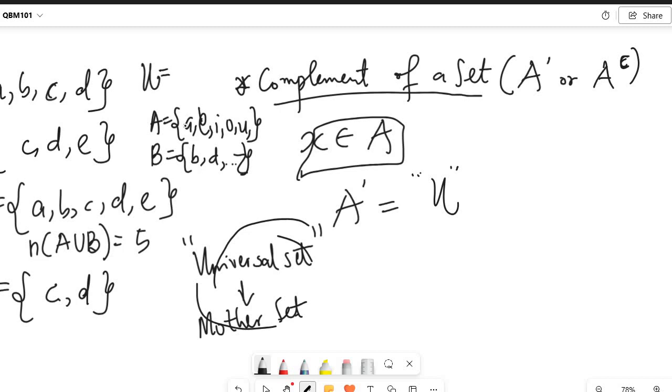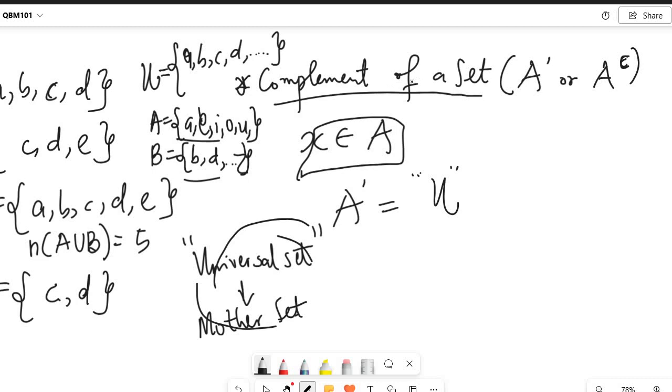If I'm saying alphabets, and I mentioned vowel and consonant, you agree with me that the coming together of the two, or looking at it holistically, will leave my mother set being the English alphabet. So the English alphabet will contain both the consonant and the vowel letters. So your universal set or mother set is the set of every other set, a set that contains all the other sets.